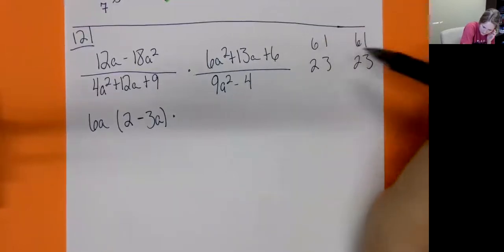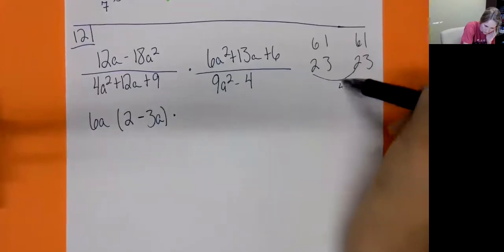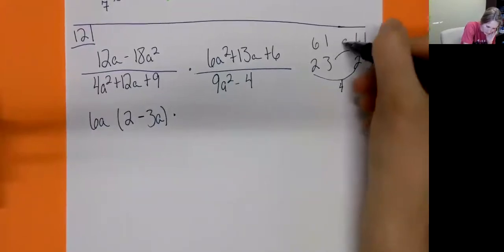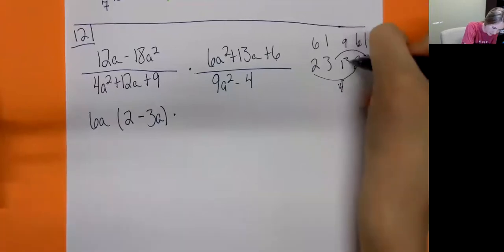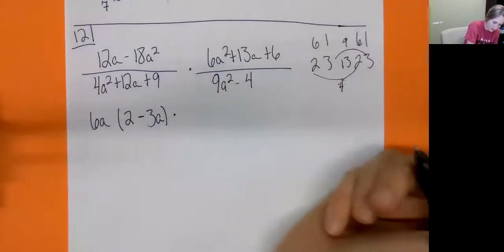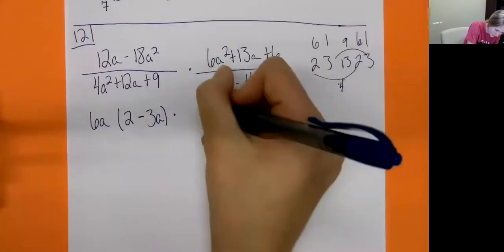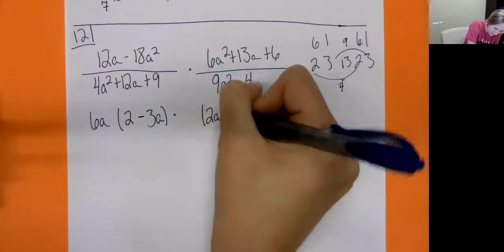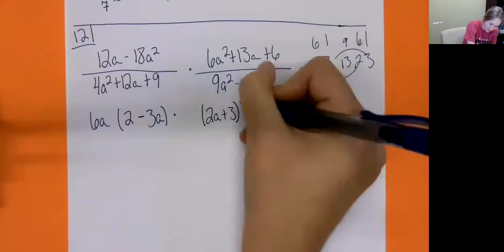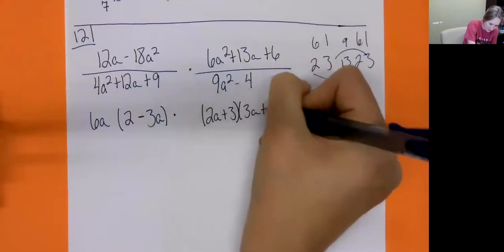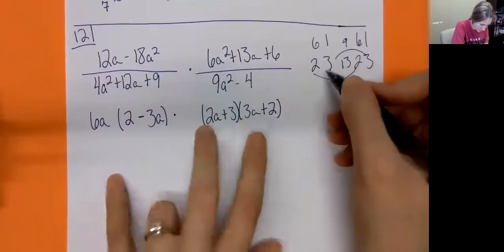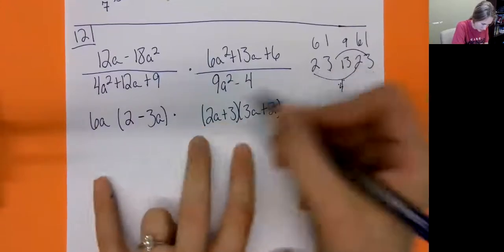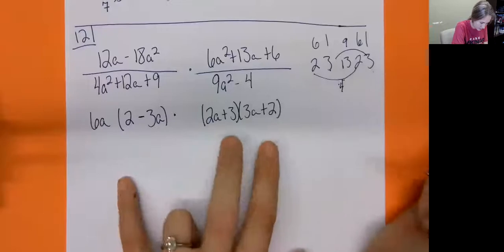If I did 2 times 2 is 4, 3 times 3 is 9, 9, 10, 11, 12, 13. So that's going to be it. And it's all plus signs, so we're going to have all plus signs. But we'll have 2a plus 3, and then 3a plus 2. Because I had 2 and 3, and 2 times 2 is 4, 3 times 3 is 9.